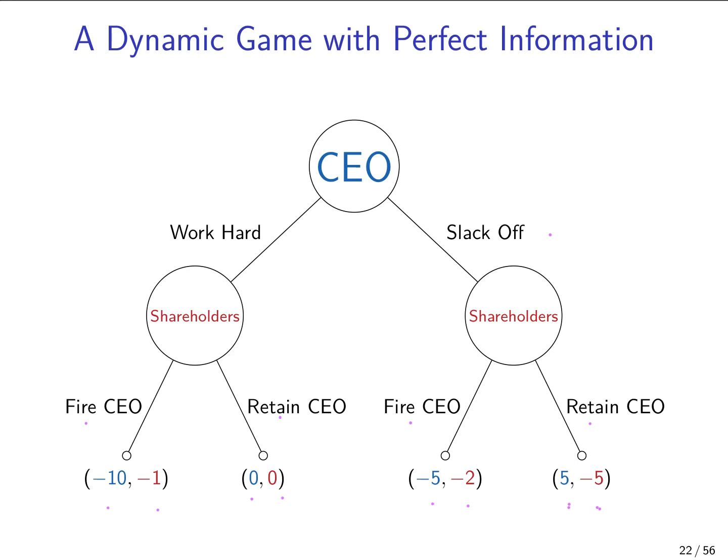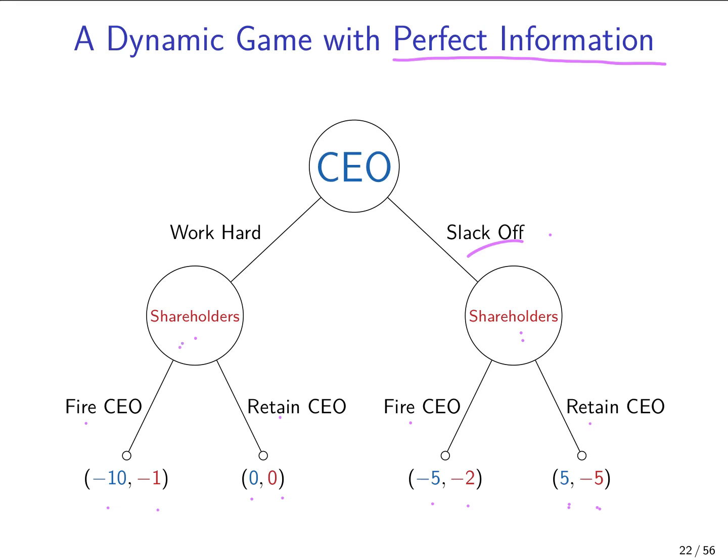Okay. So this game is called a perfect information game because at every point, when a player needs to make a choice about their actions, they know the full history of the moves. Right? So the shareholder here would know whether the CEO chose to slack off or not.